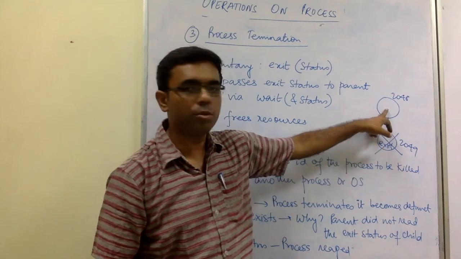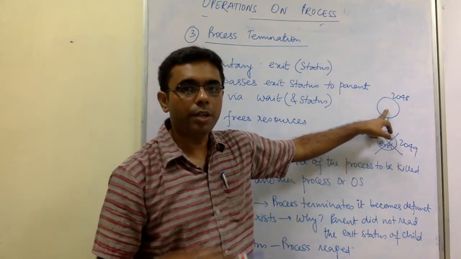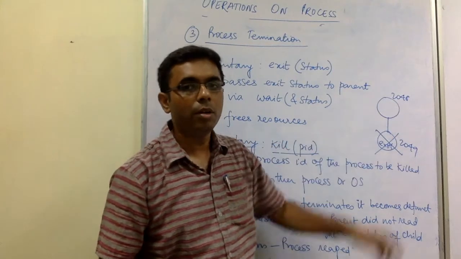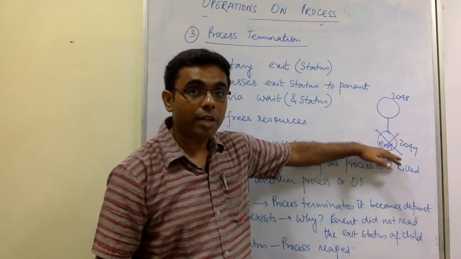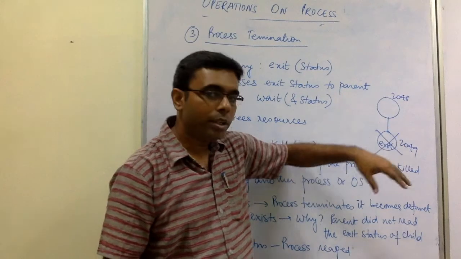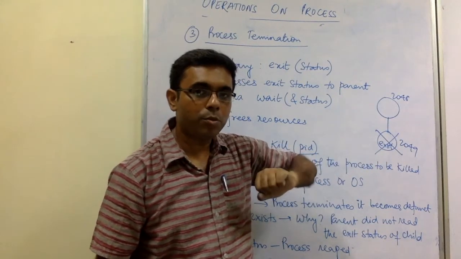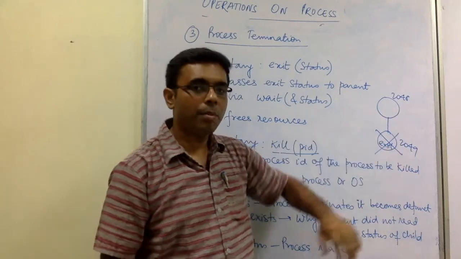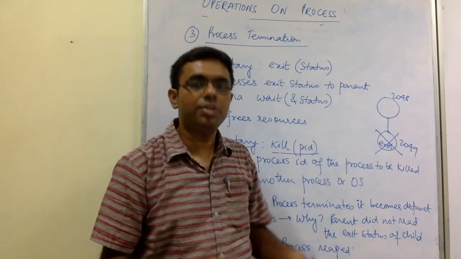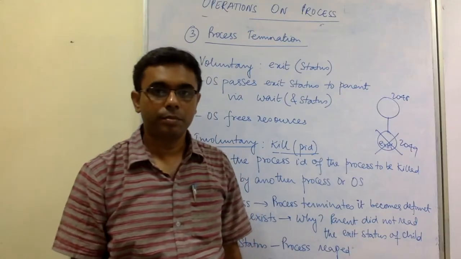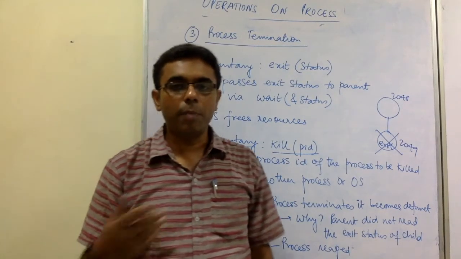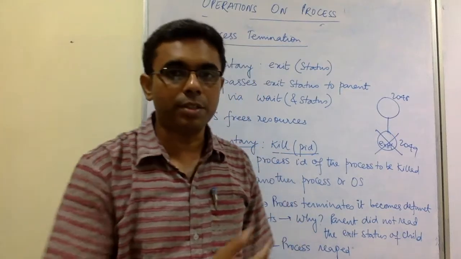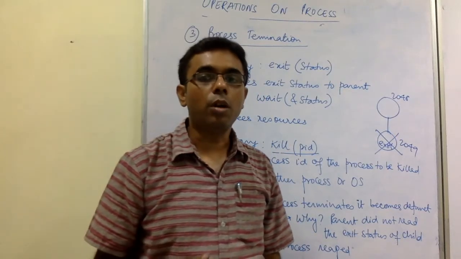Why? Because it did not use the wait system call. So it did not read the status, and the child terminated, which means all the resources were taken back from 2049, but the information about 2049, that is its PCB, still exists in the kernel. And this status of the child process 2049 is called a zombie.